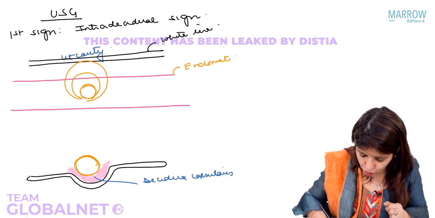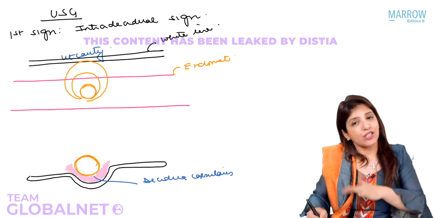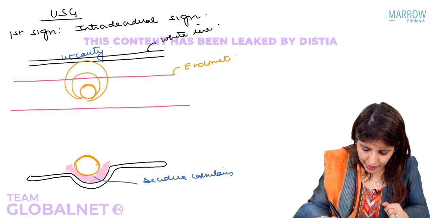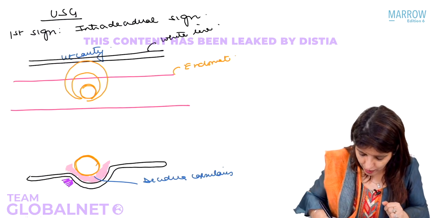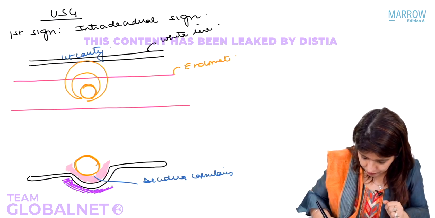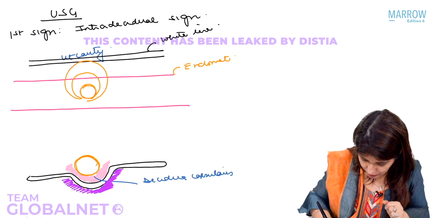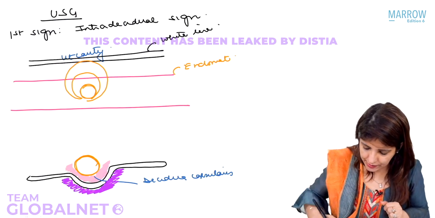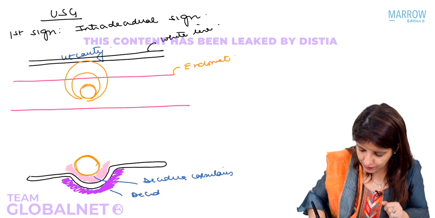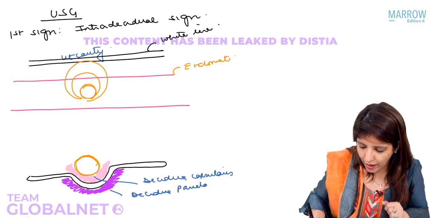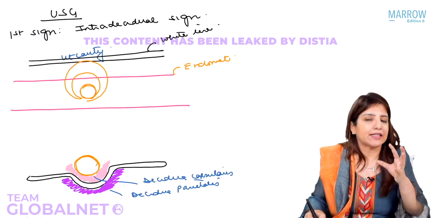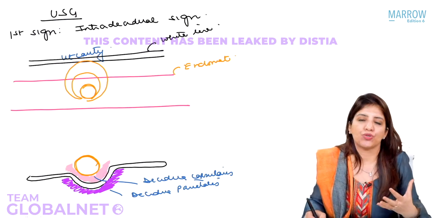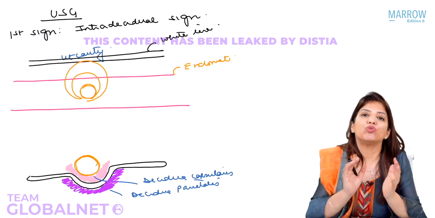And I also told you that the rest of the decidua will be decidua parietalis. So over here, this is decidua parietalis. Now what I see is that as the blastocyst is growing, it is surrounded by two rings.